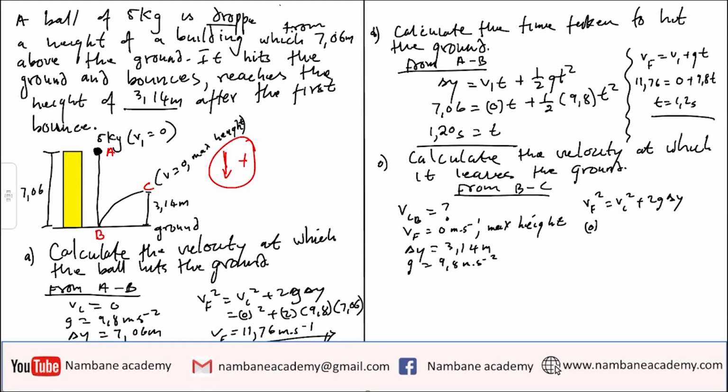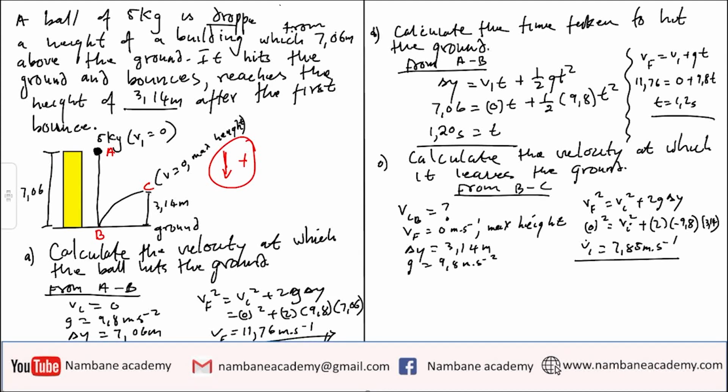V final is 0, V initial is the question, plus 2 multiplied by minus 9.8 and 3.14. And when you are done with the mathematics, the initial is something like 7.85 meters per second. It's as simple as that, ladies and gentlemen.